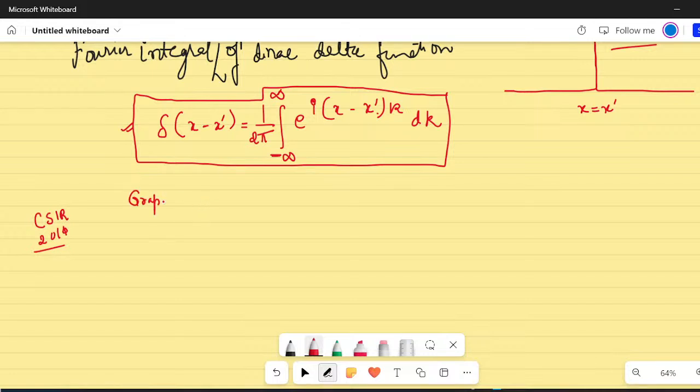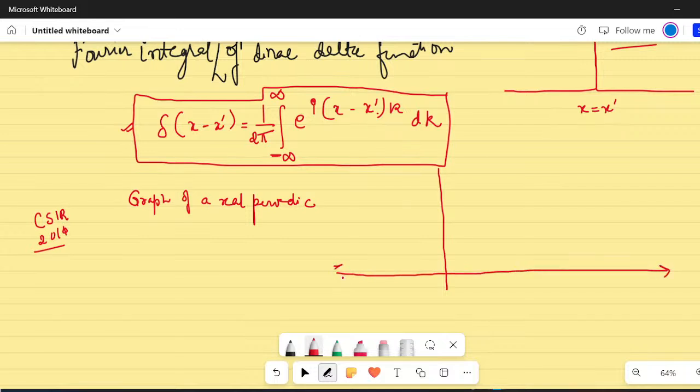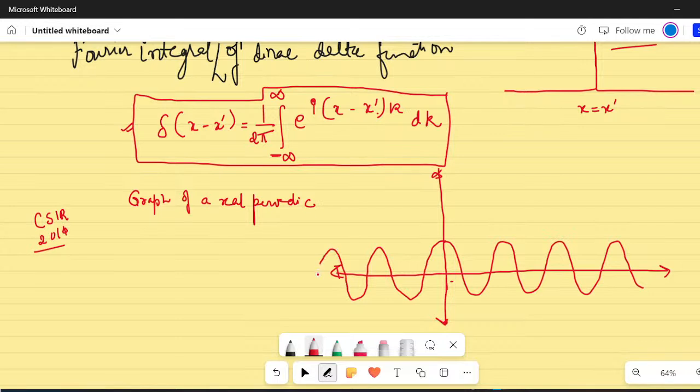This says that the graph of the function is given by this. So basically, a graph of a real periodic function looks this way.